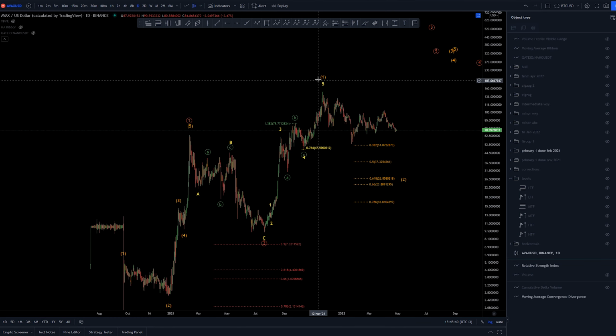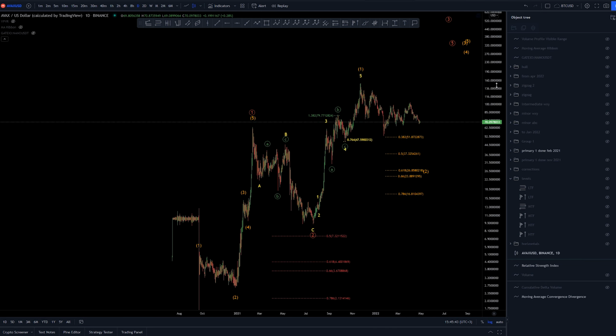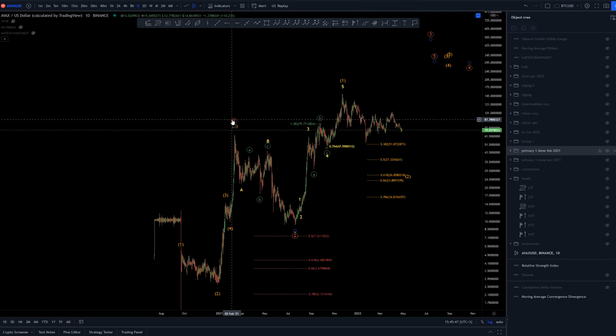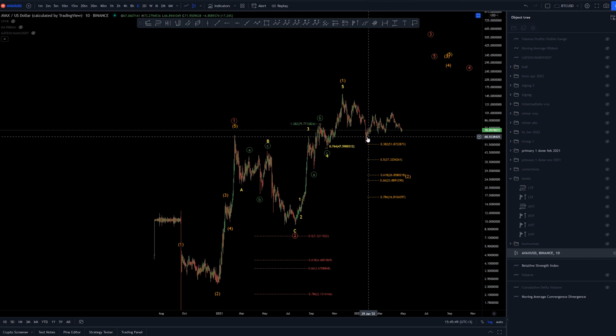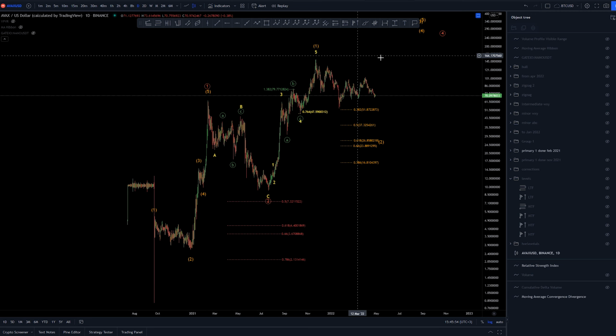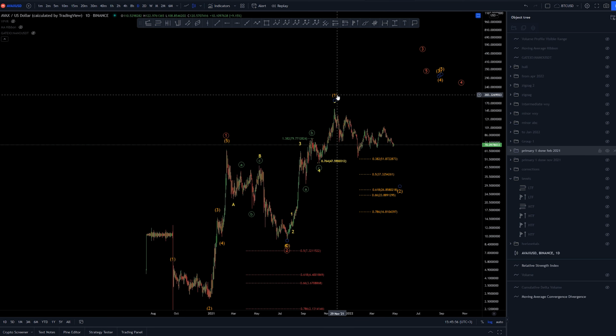And after that point we get another impulse wave up. This obviously can't be a 3 because we already overlap the 1 with the possible 4th here. That is why we had to downgrade this into a 1.